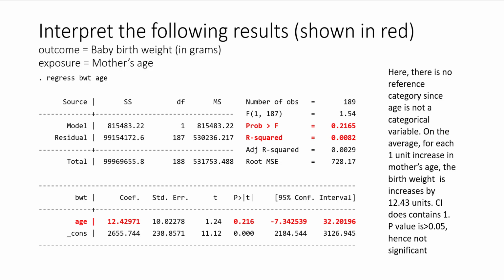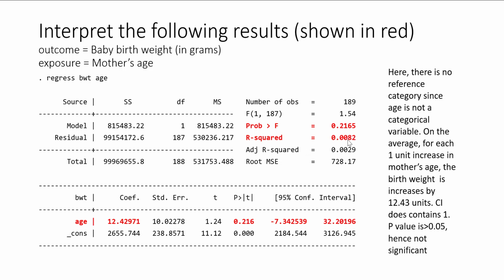So that means this is not statistically significant. Now the confidence interval here contains 1. See, this is a range from -7 to +32. So between -7 to +32, it crossed 1, and it is not significant. So the confidence interval is wide and therefore not precise. All right. So the narrower the confidence interval, the more precise your results.